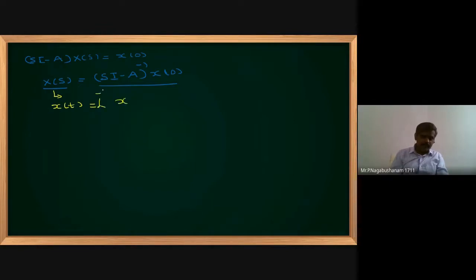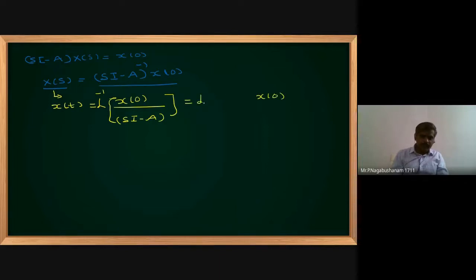L inverse. The numerator is X(0), the time domain value, (sI minus A). So X(0) is a constant. X(0) is a constant, I'm taking it outside.